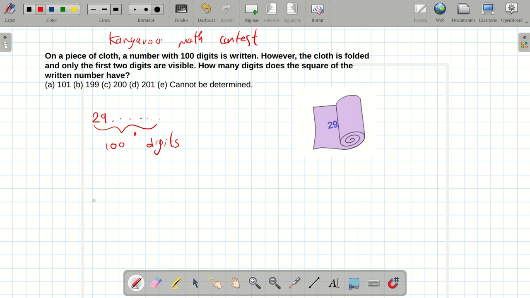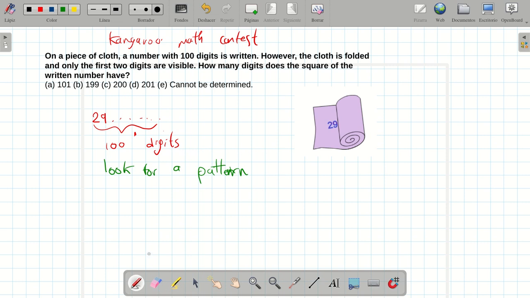The strategy that we will use today is called look for a pattern. Look for a pattern consists in making different examples with different numbers.